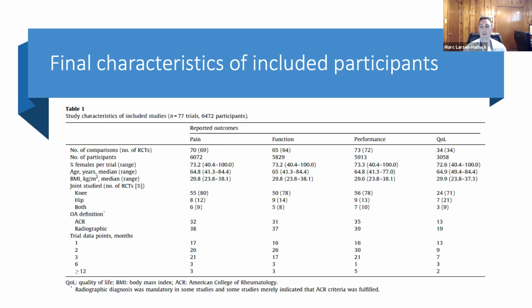And then you know that if this was one big study that included all these 6,500 participants, then it probably would have worked out and their statistics would have remained null, in the fact that you're not biased one way or the other. Some things that were significant, though, was that they had a greater number of females and a lot more knees included in those trials than hips.